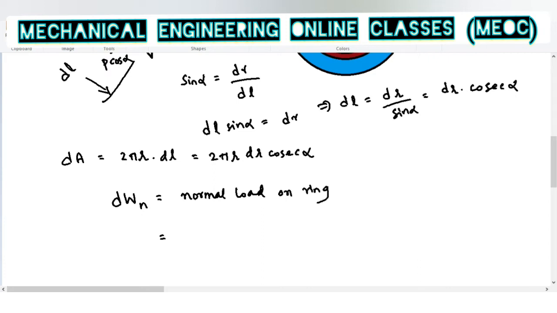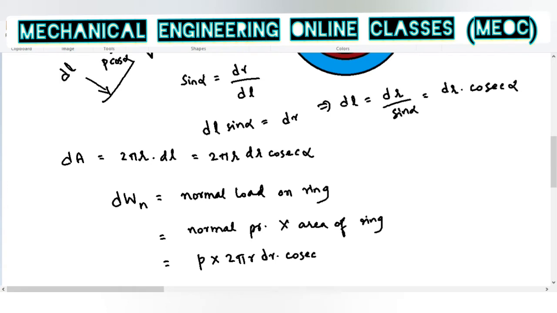It will be equal to the normal pressure multiplied by the area of the ring. So P is the normal pressure, multiplied by the area of the ring, 2 pi r dr into cosecant alpha.